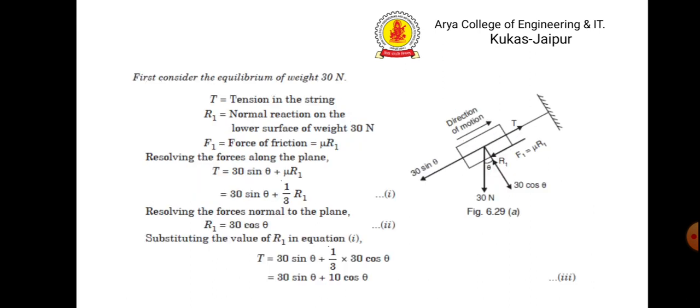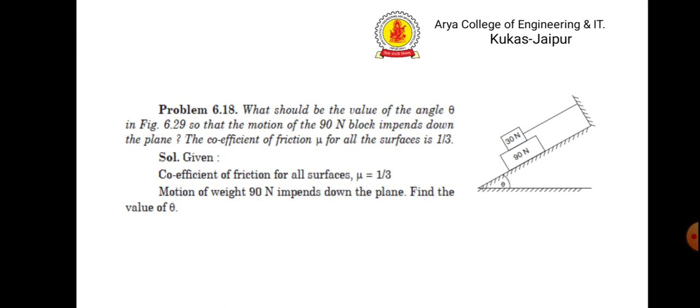Now we will take first of all this 30 Newton force. For this 30 Newton weight, the free body diagram will be like the tension is in the upward direction. If 90 Newton will move downward, then with respect to 90 Newton, the motion of 30 Newton will be in the upward direction.